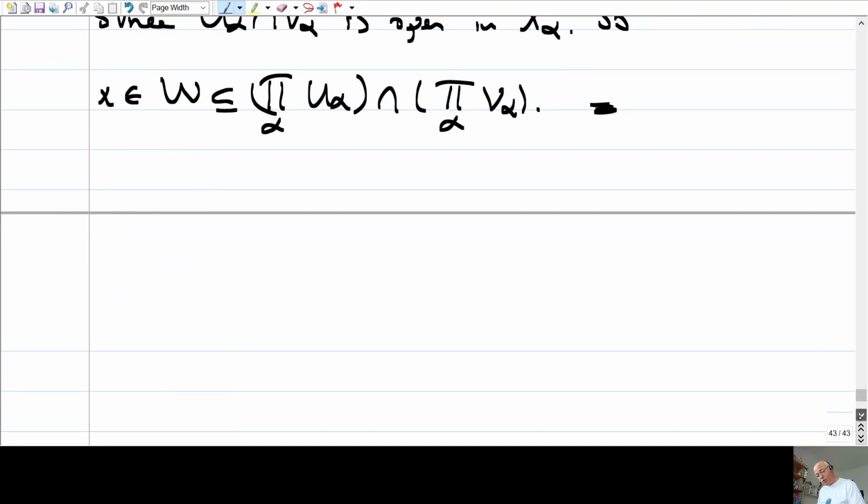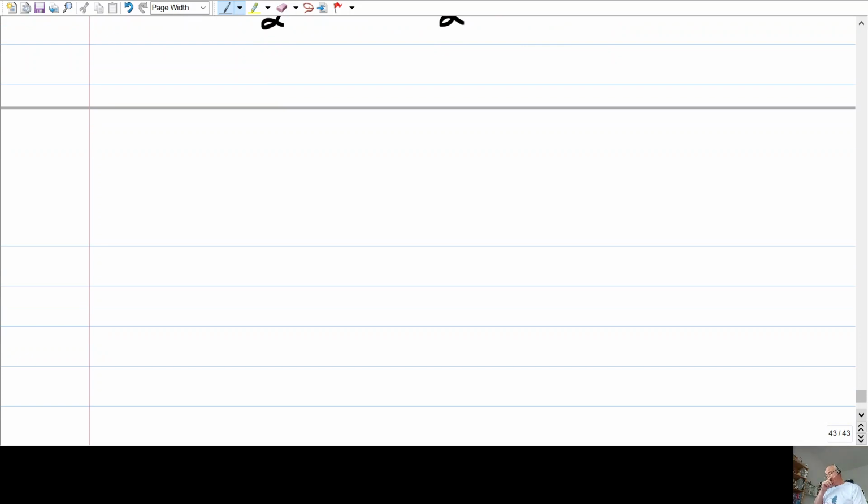Well, this looks like a nice topology, and it is a direct generalization of the topology on the Cartesian product. What was the basis for this? Well, it was exactly this kind of set: you take an open set from X, an open set from Y, and you take their products. They were the basis.